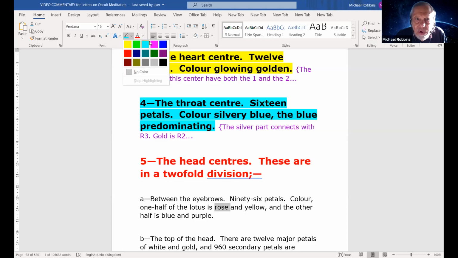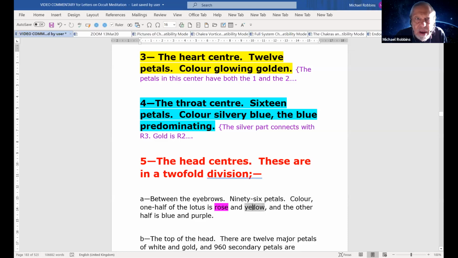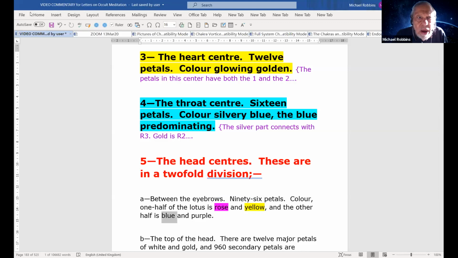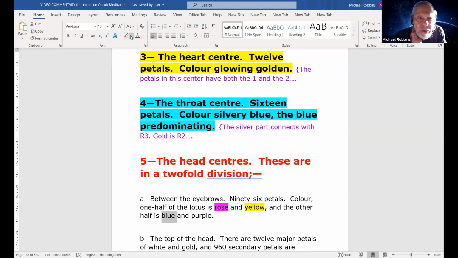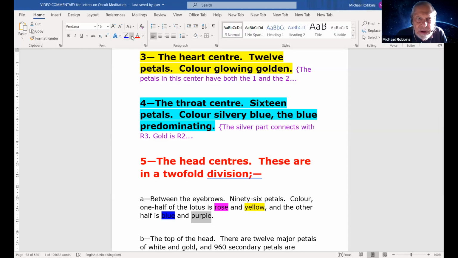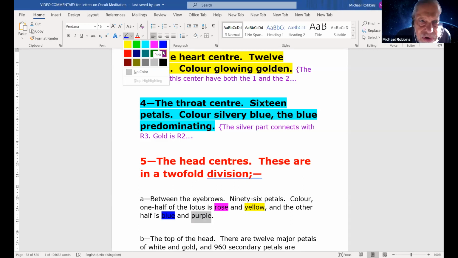So here we have the rose color, and here we have the yellow color, and here the blue. Let's make it, you know, we'll use the darker blue, and here there is no purple. So maybe the closest we can come is, well, there is a purple, violet, but it's very small.